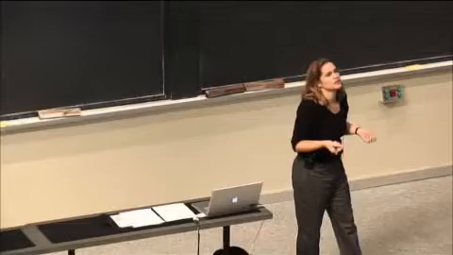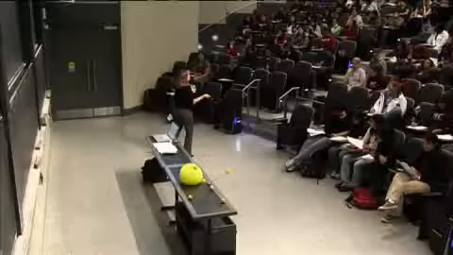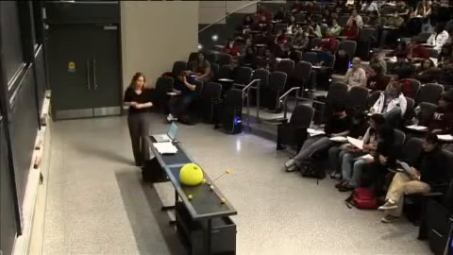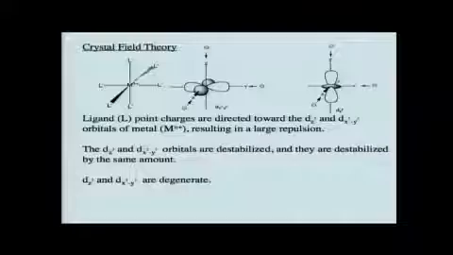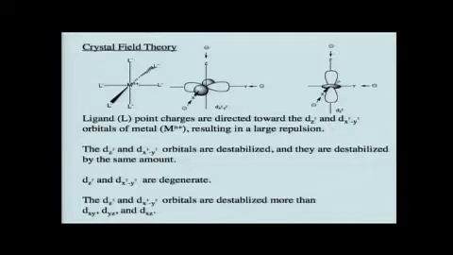So what's it called when orbitals are of the same energy? Yeah. So dz squared and dx squared minus y squared are degenerate. So dz squared and dx squared minus y squared orbitals are destabilized more than the other three orbitals.